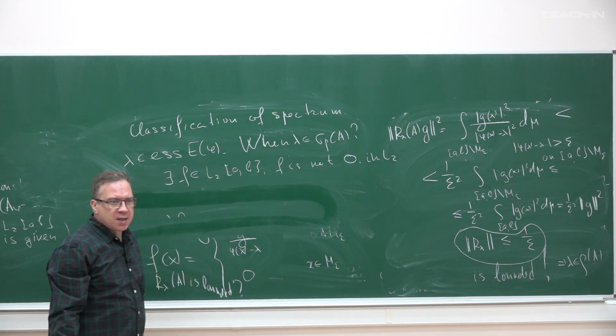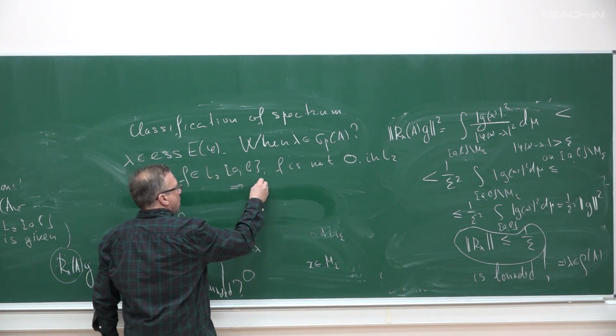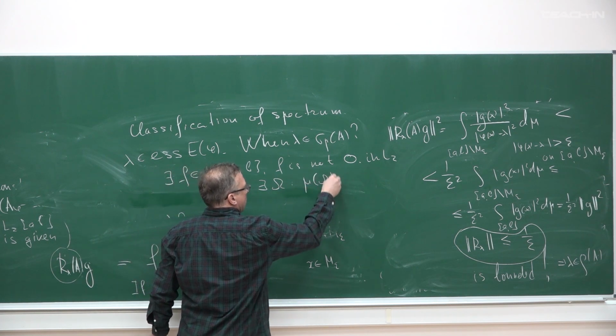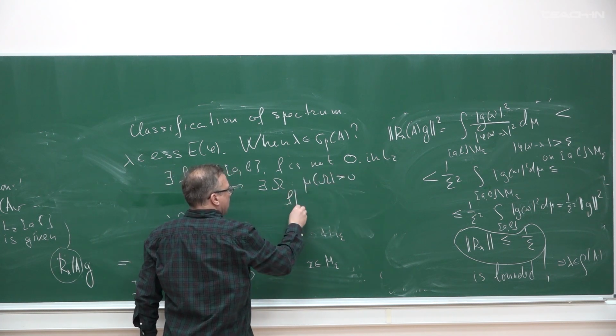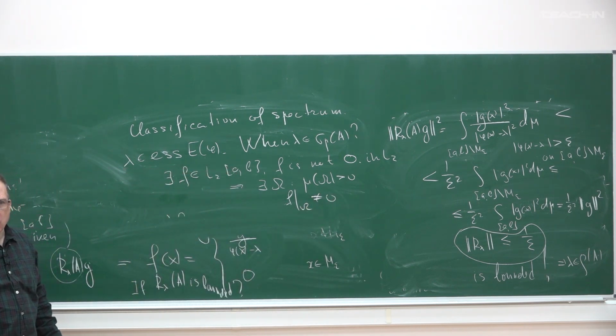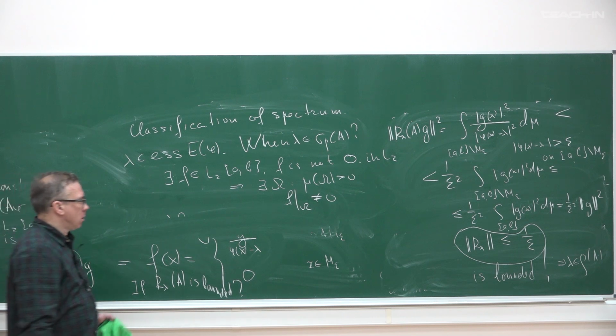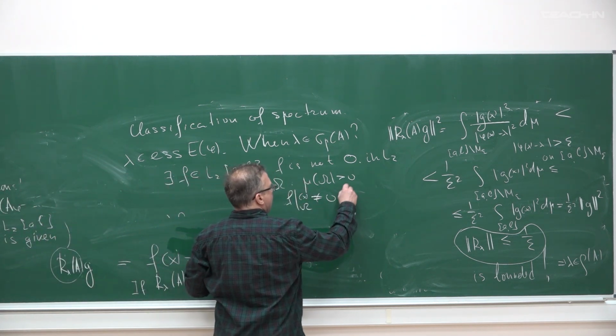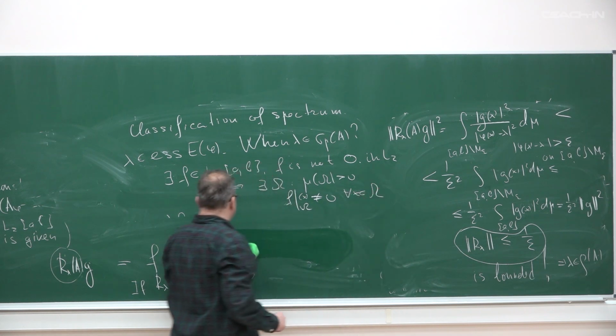It means there exists omega, a measurable set with positive measure, and f is not 0 for any x in omega.